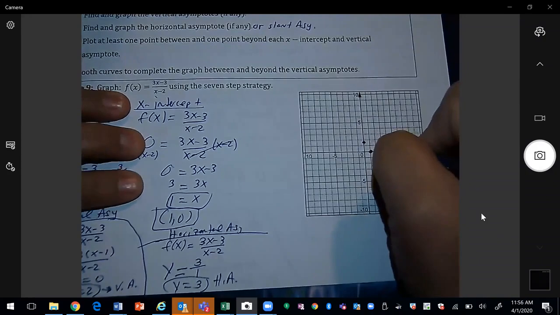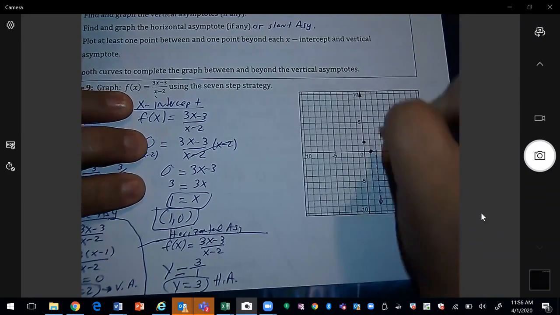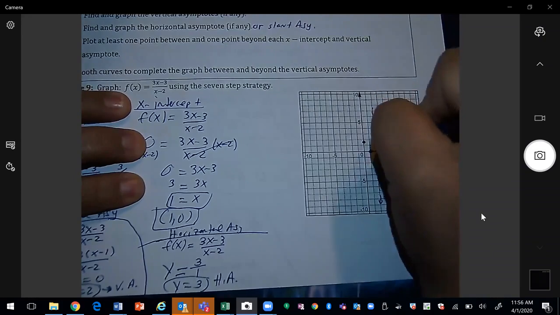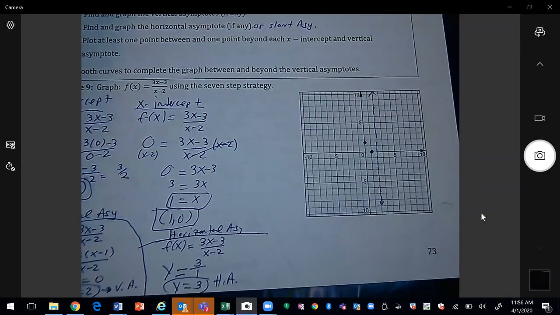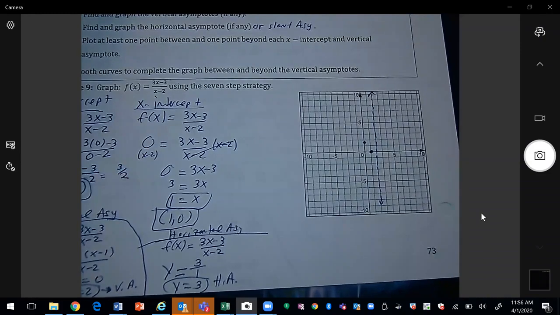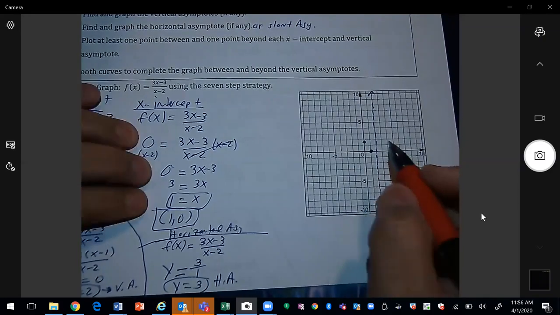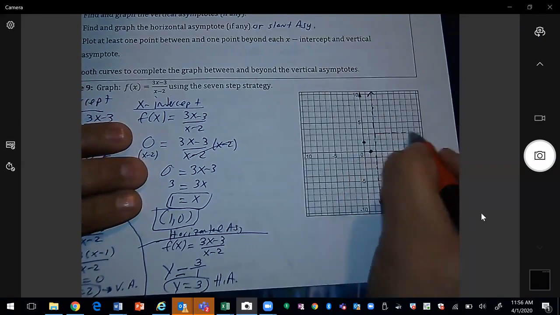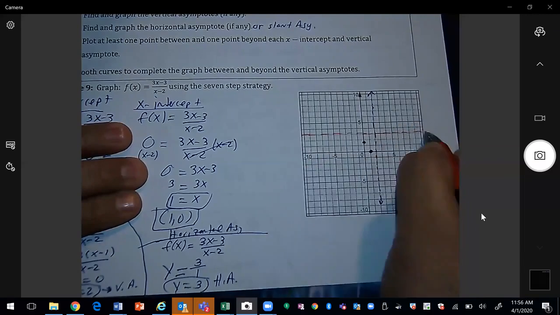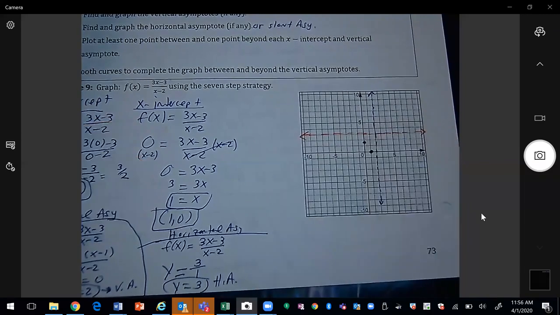So we draw that with a dotted line. Okay, so that's my horizontal asymptote. Let me use red, maybe it's easier to see red. And then the horizontal one is y equals 3. Okay, so this is what I have here.